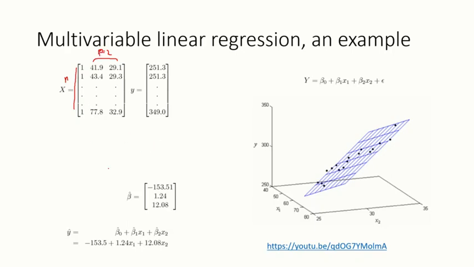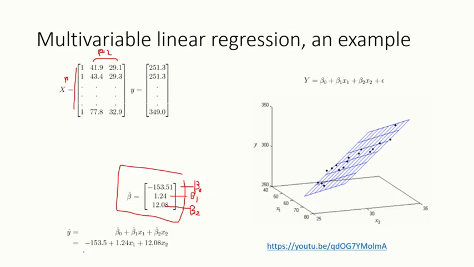So you put that formula in, and then the estimation will be 3 numbers for beta: this is beta 1, this is beta 2, this is beta 0, okay?